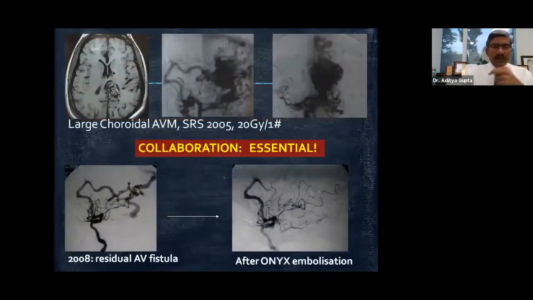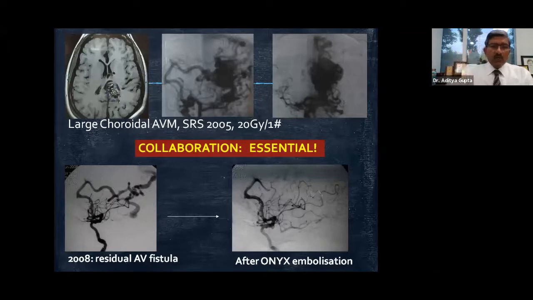Now, as I said earlier in my presentation, in treating AVMs, collaboration is very, very important. Typically, we talk about first embolizing and then doing radiosurgery. This was one of my earlier cases in which we did radiosurgery.